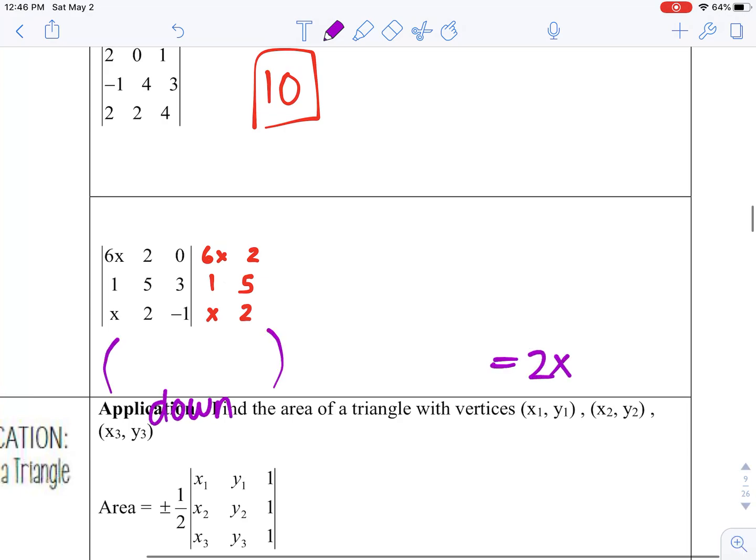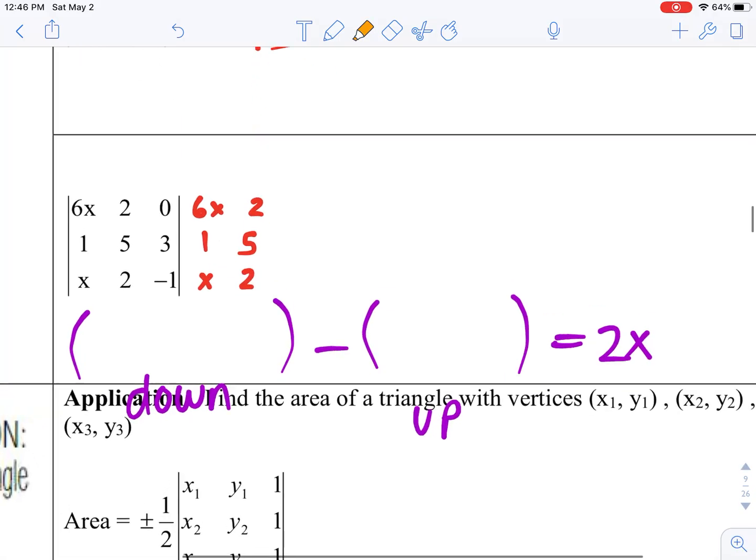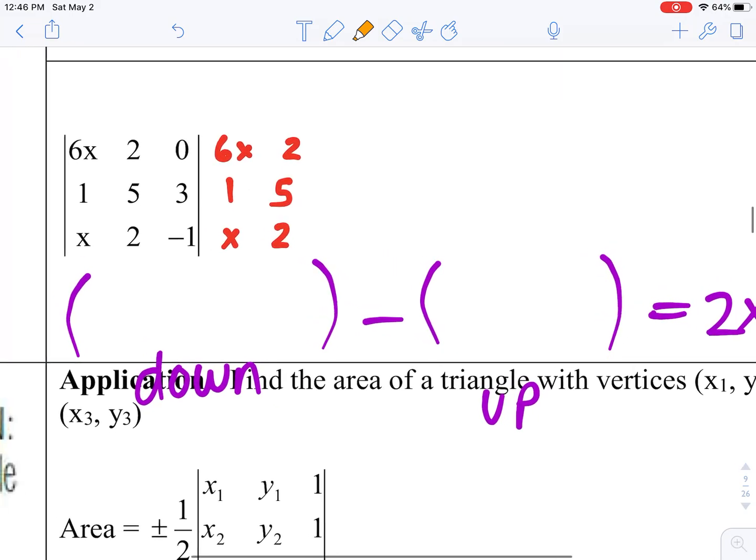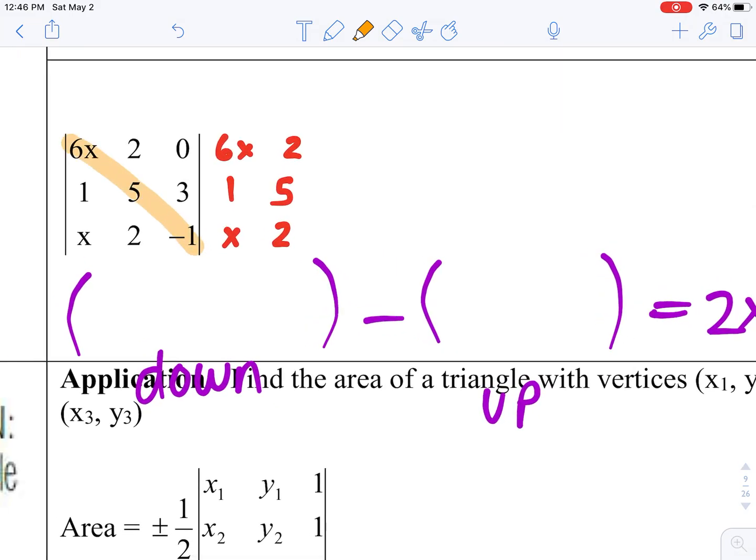So now we have downs minus the ups. And let's see how we do. So 6x times 5 times -1, that would be -30x. The next one, 2 times 3 times x, is 6x.